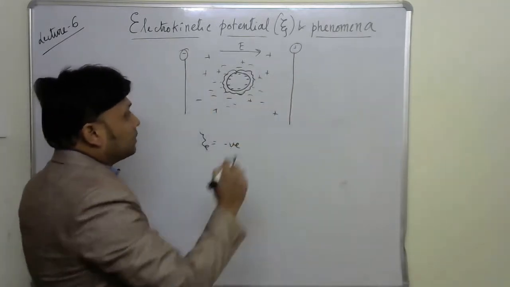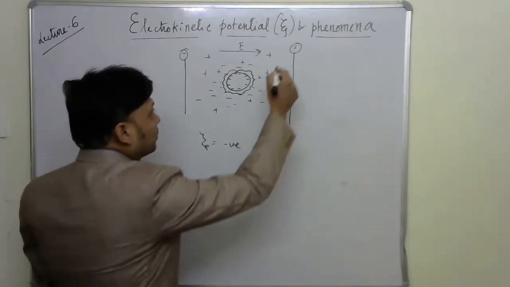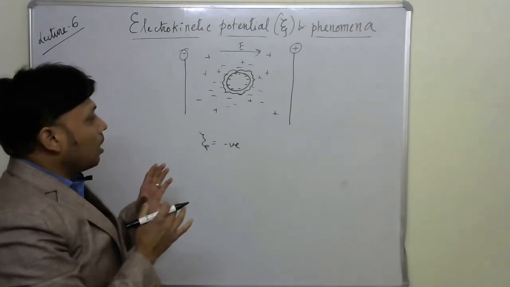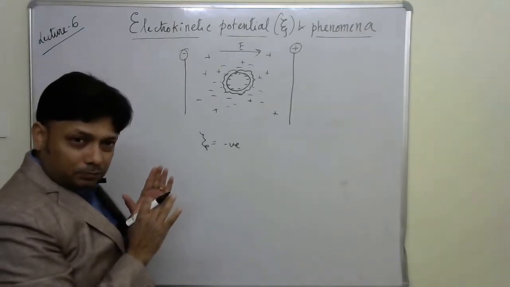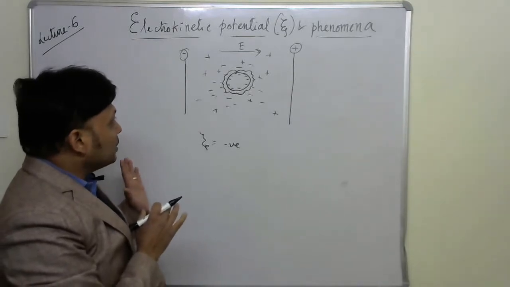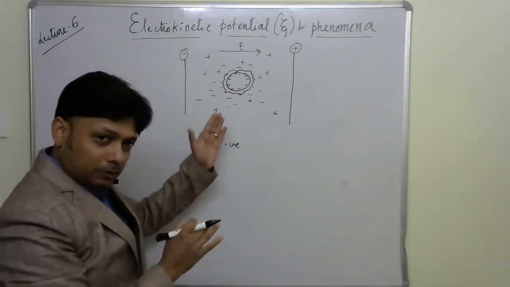This side is negative, this side is positive, just an assumption. So what is expected is that this particle would experience some electric force, and so it would start to move towards the positive end according to this diagram.